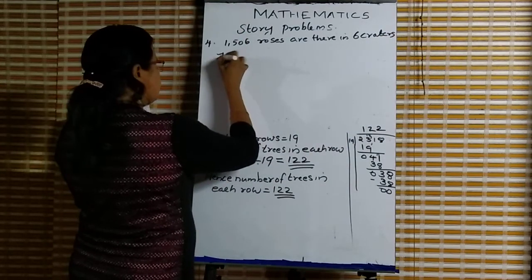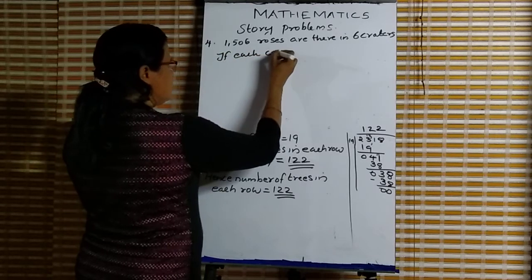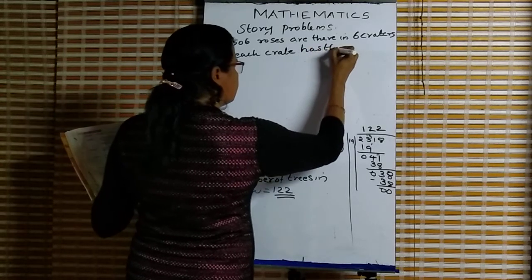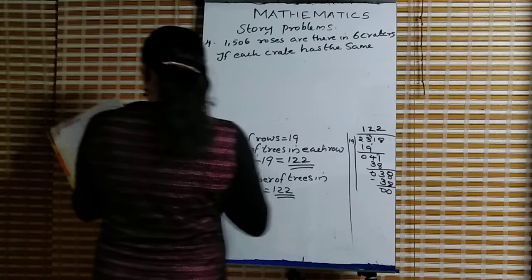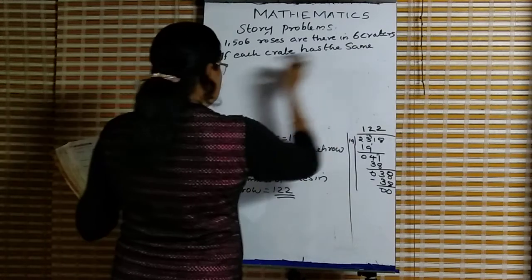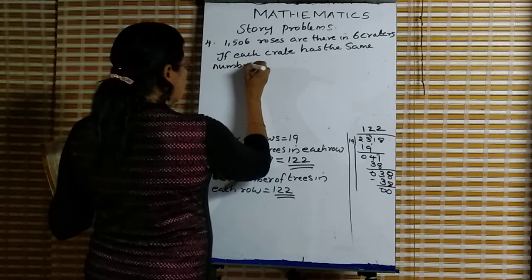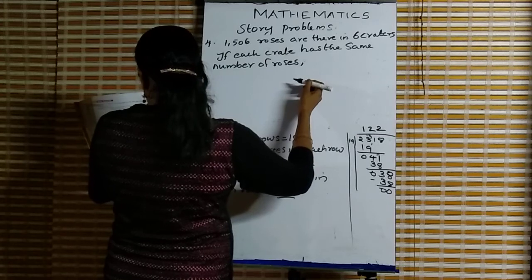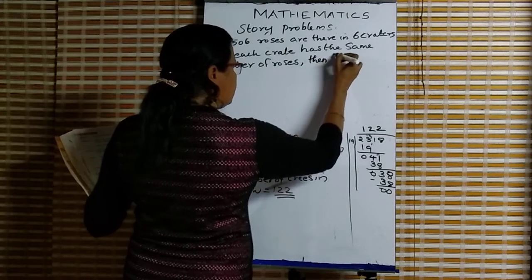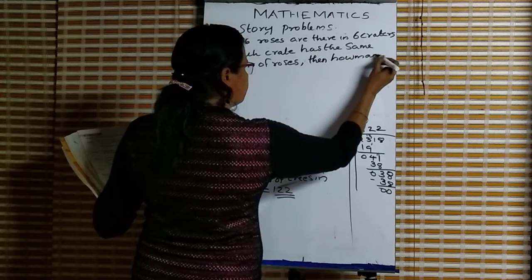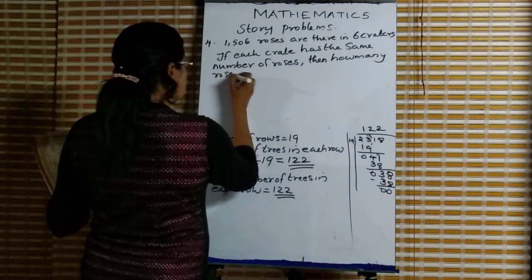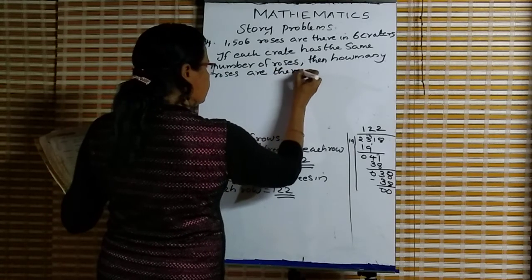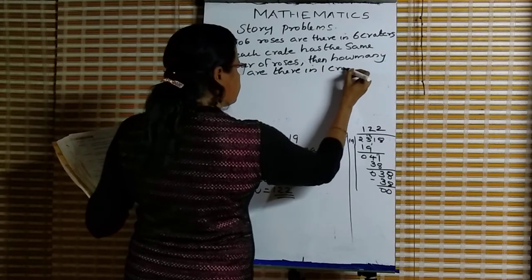If each crate has the same number of roses, then how many roses are there in one crate?